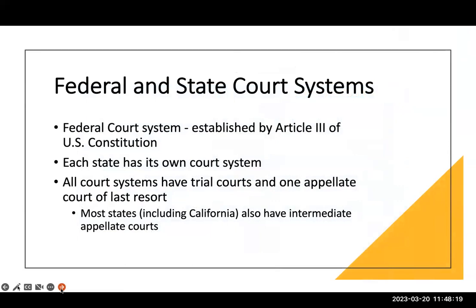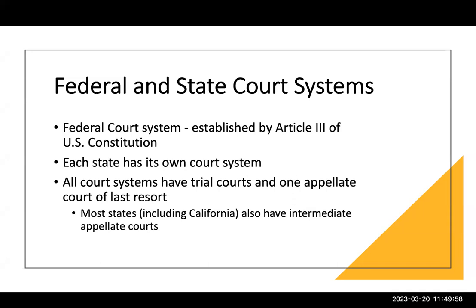The court systems in the United States, we have state court systems and federal court systems. The federal court system is established by Article 3 of the United States Constitution. Each state, in turn, has its own court system set up by the laws of the various states.